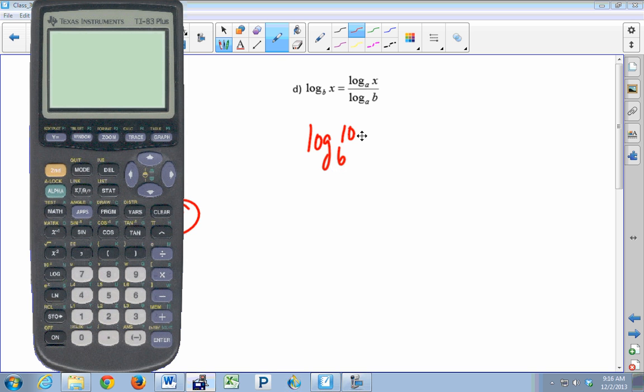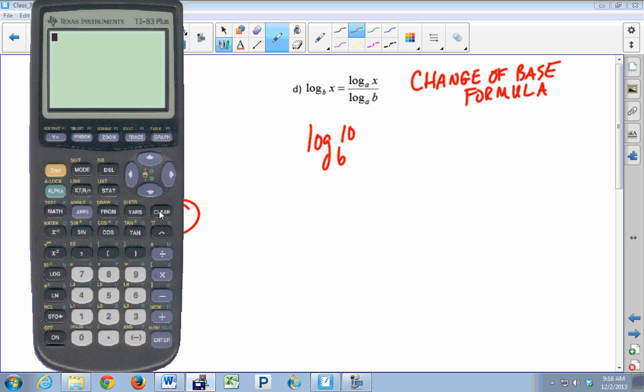Well, believe it or not, this formula allows us to evaluate on our calculators any log. Okay, so this is called the change of base formula. So no matter what base you have, you can use this formula.